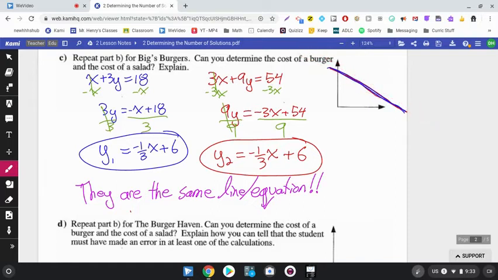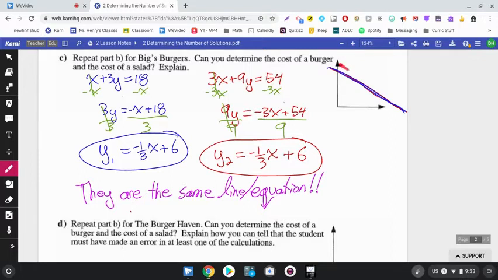So there's no single point of intersection. Any point could be picked. I was given redundant information. I was given information that was really the same thing. It didn't give me extra information. So I can't get the cost of the burger because this system is redundant.